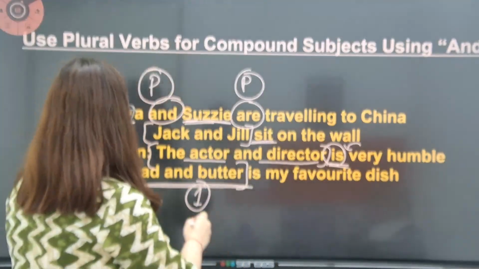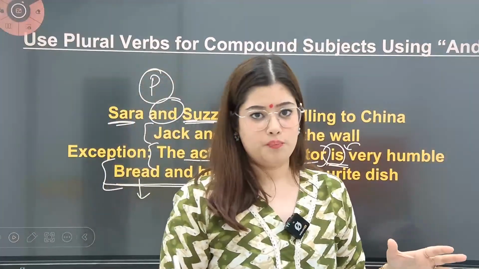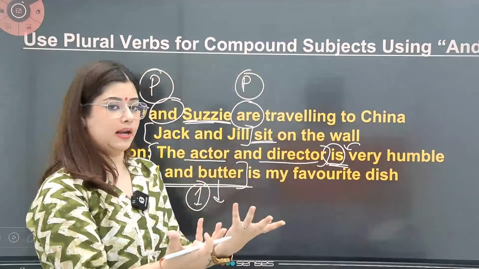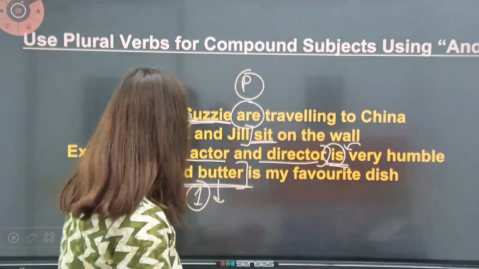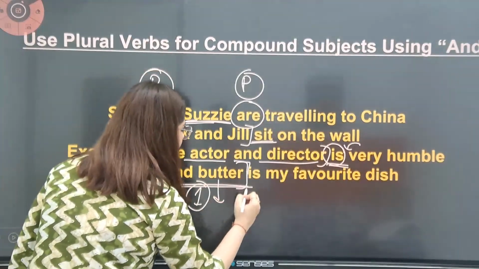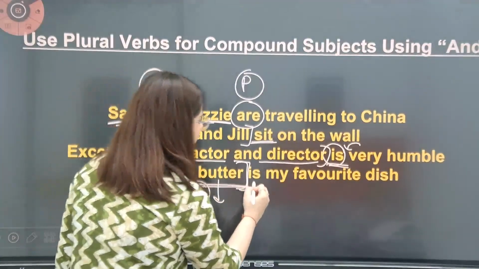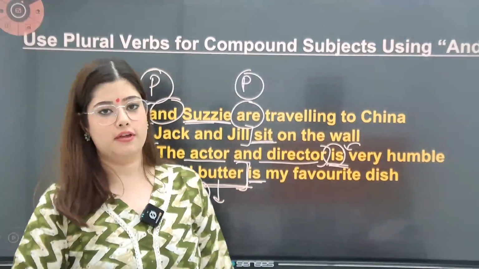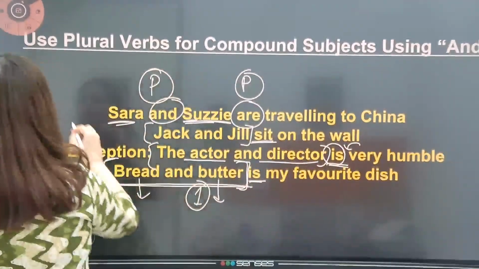You're not going to treat it as two separate entities. So, in a way, we are again abiding by our rule, singular subject, singular verb. Here, bread and butter, we have considered it to be one dish, therefore, is my favorite dish. Right? So, these are some things that we need to keep in mind.